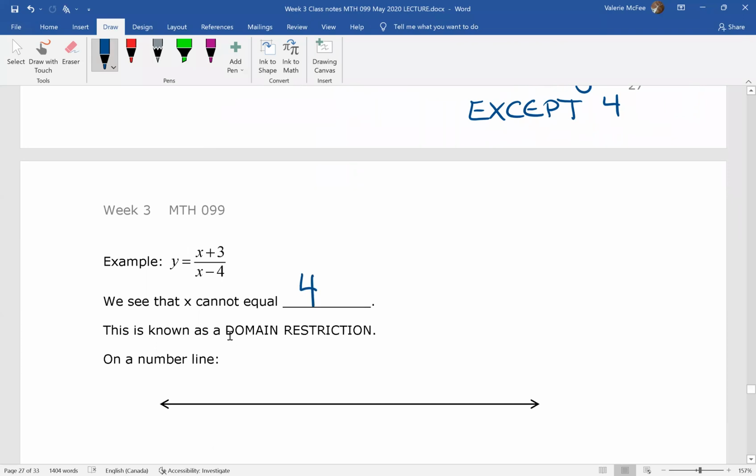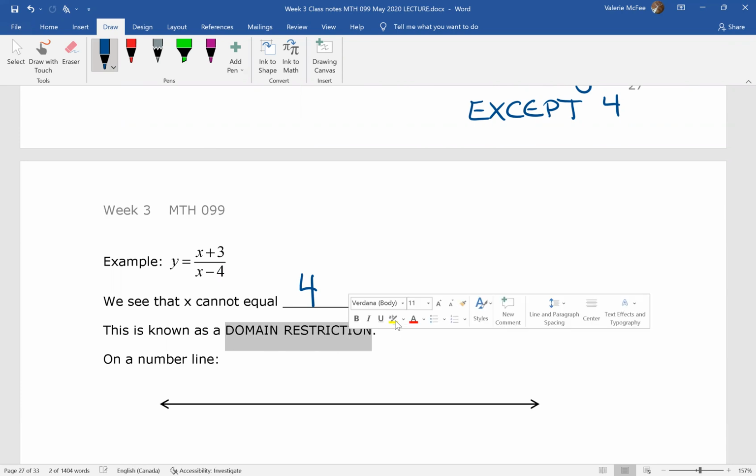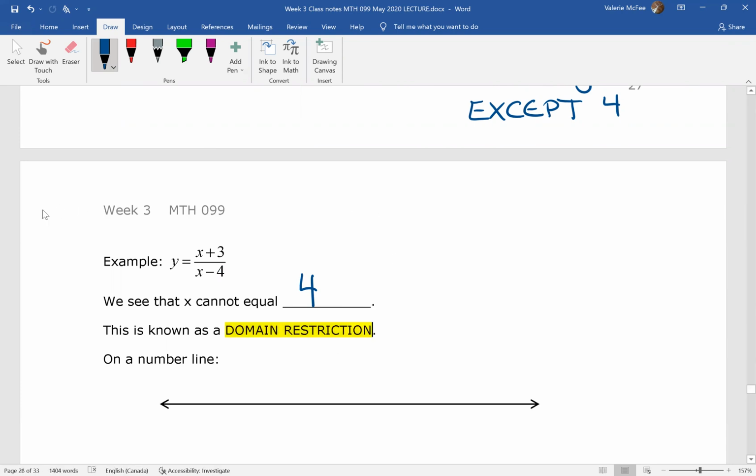This is known as a domain restriction. Think about the number line. 0, 1, 2, 3, 4.